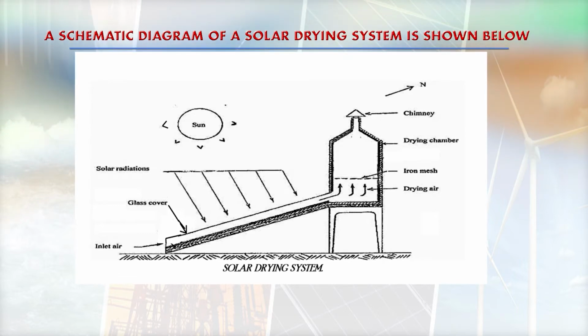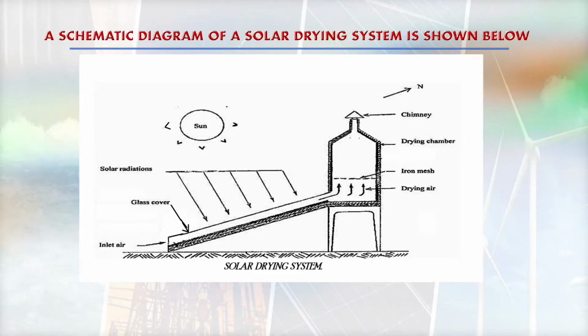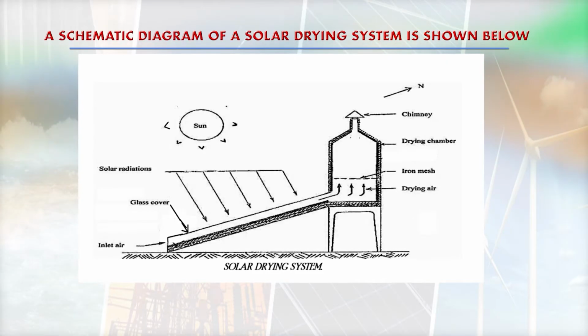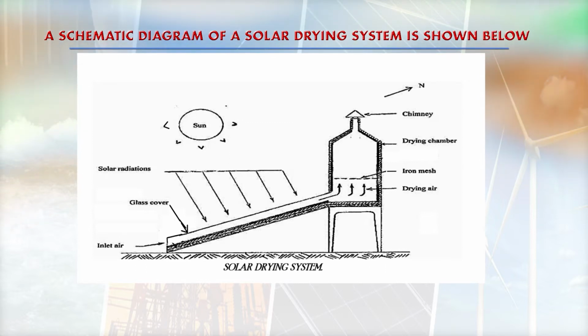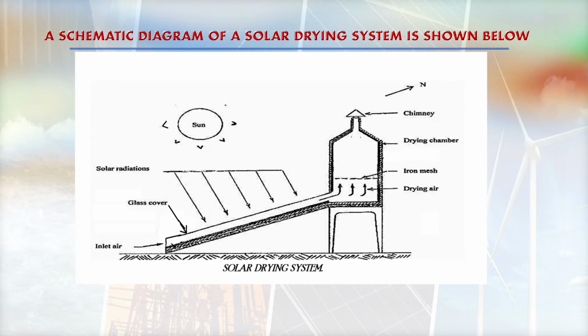Let me explain the working principle of the solar dryer. It has three components: solar air heater, air handling unit, and the third one is the drying unit. When solar radiation falls on the glass surface, part of the solar radiation is reflected back to the atmosphere, and the rest is transmitted through the glass cover and absorbed by the blackened surface of the solar air heating unit.